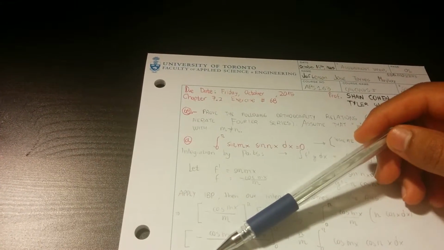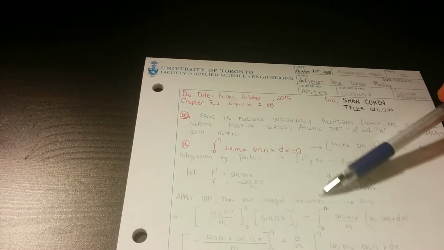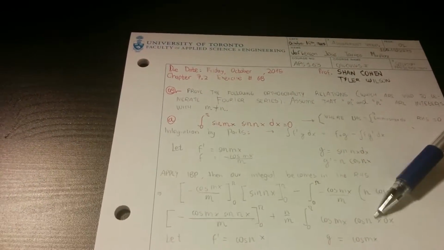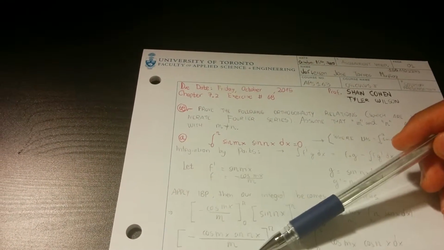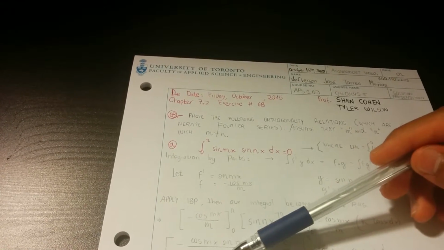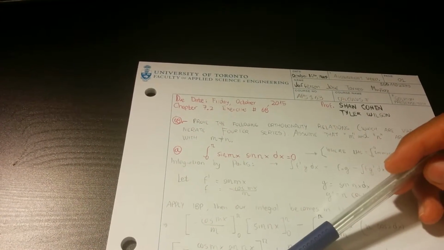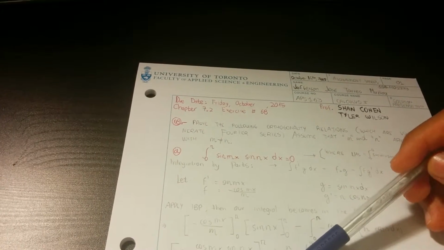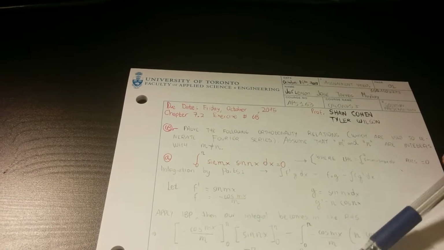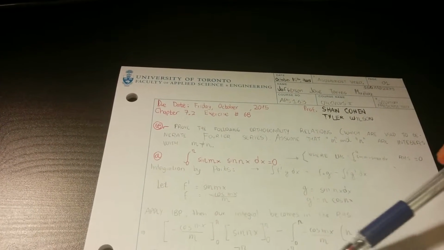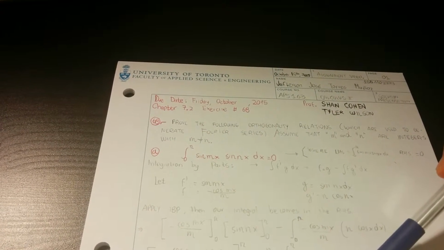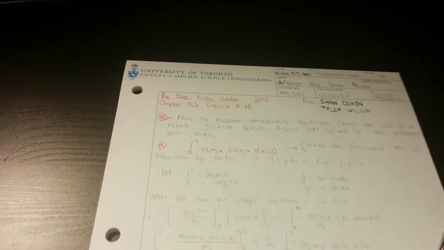Then we decided to do it again because we obtained another integral with trigonometric functions. In this case, we have chosen the cosine of nx as the derivative function, and then we change this to the original function. We do the same procedure for the second one, but in this case, the first one will be g, which is equal to cosine of mx, so the derivative will be minus m sine of mx.